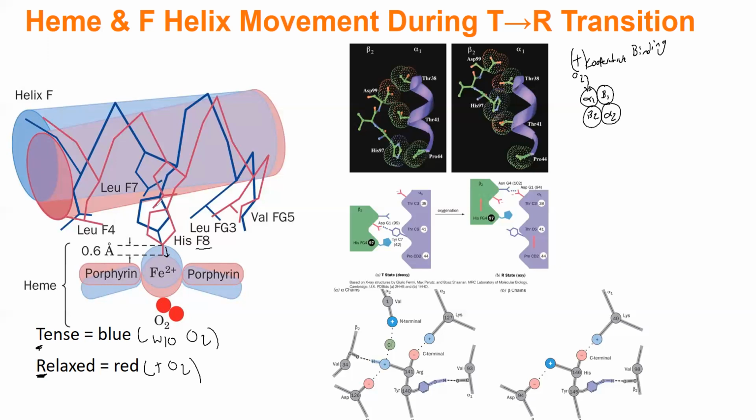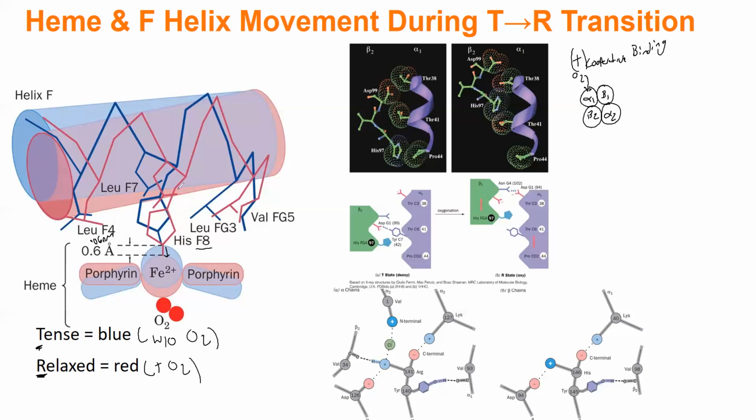But most importantly, when that iron moves, the histidine that is interacting with the iron, histidine F8, also moves by 0.6 of an angstrom, or 0.06 nanometers. So it doesn't move that much, just 0.6 of an angstrom.